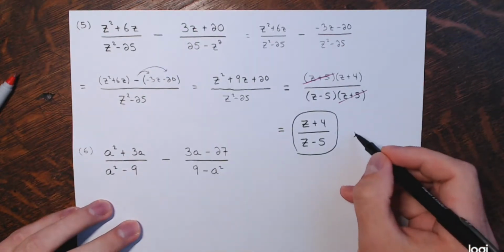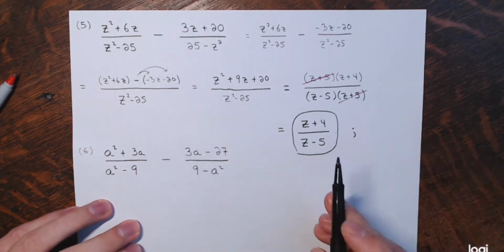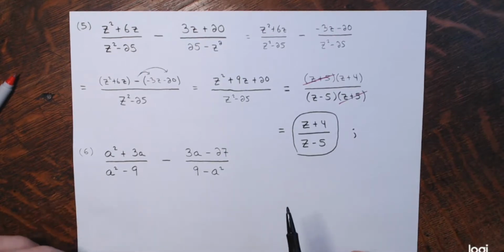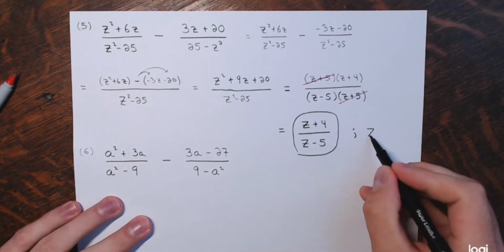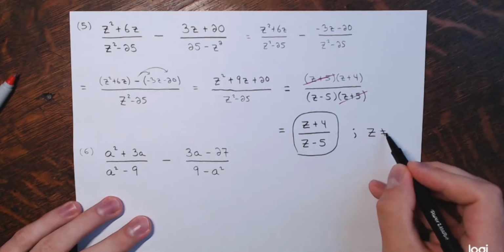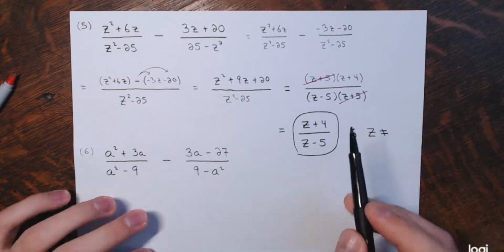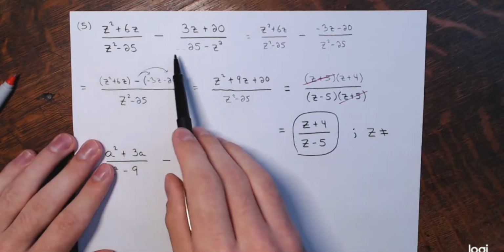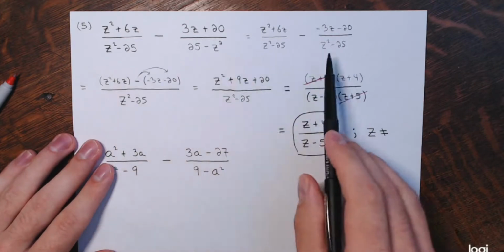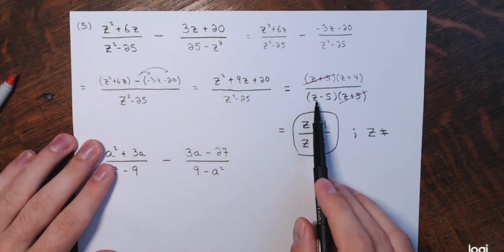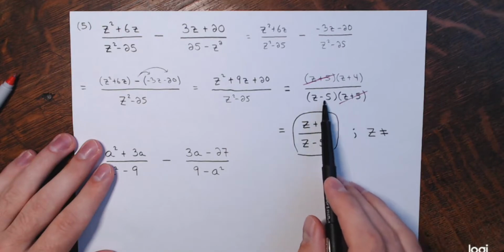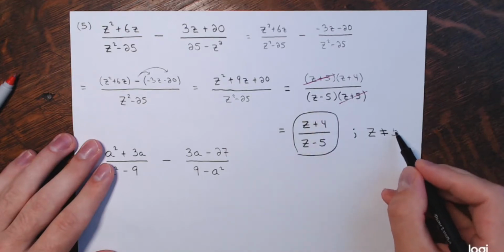Now, got to be careful though, right? You can't just plug in anything for z. Look throughout the problem. The denominators are z squared minus 25 and 25 minus z squared, and z minus 5, z plus 5. Well, z minus 5 is in the denominator, so z can't be 5.